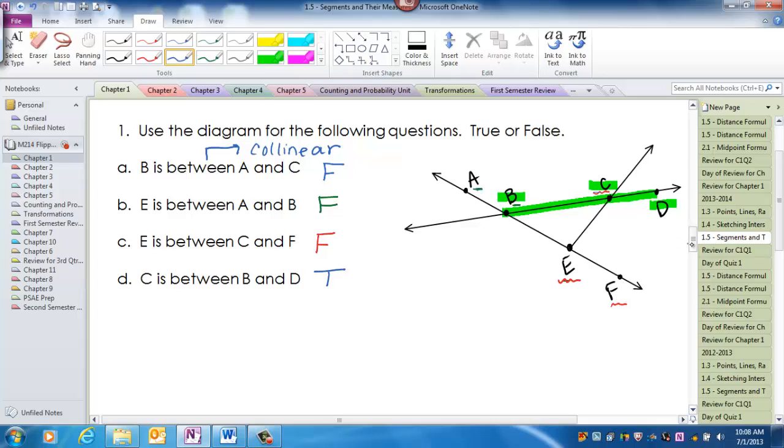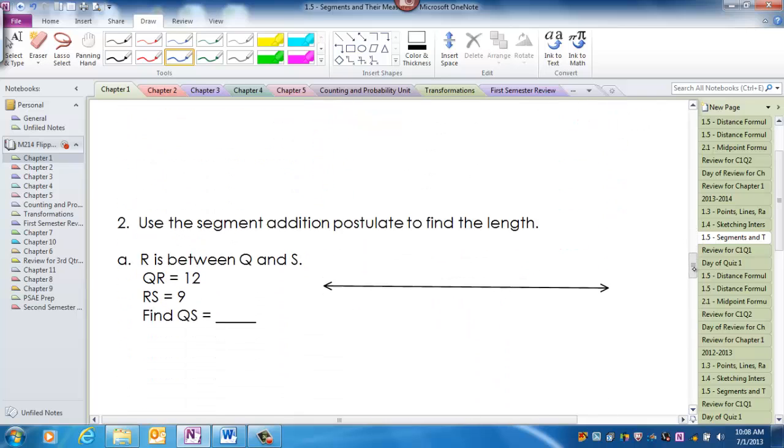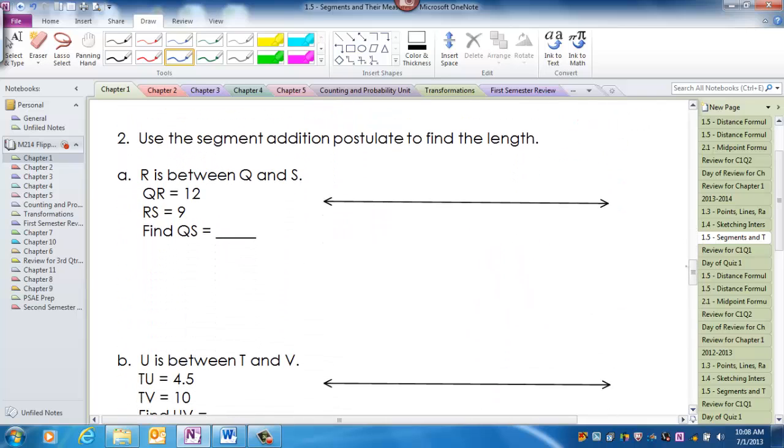Okay, let's keep going with some more examples. Okay, so part A. R is between Q and S. So they're telling us which point is between the other two, and we're going to use the diagram that's given to us to draw it. So if you put R, that point, in between Q and S. So Q then we can put over here, and S here.